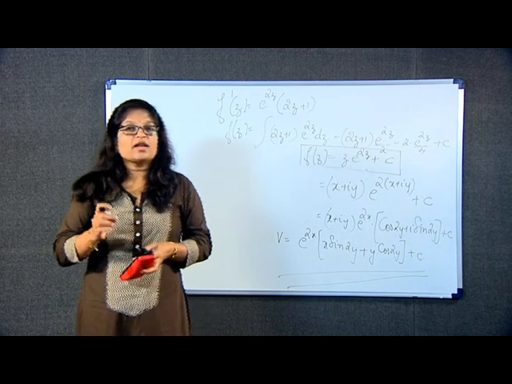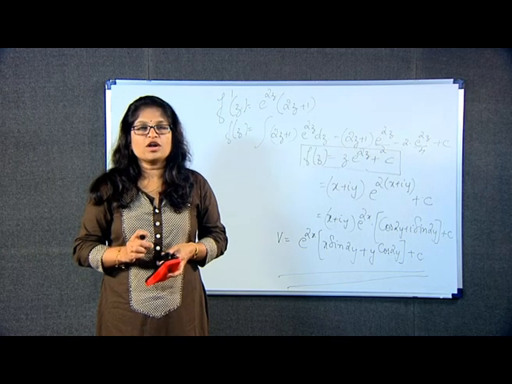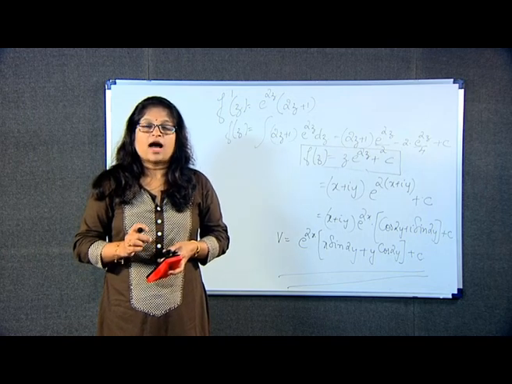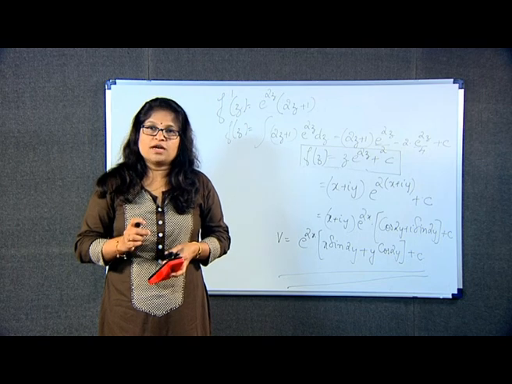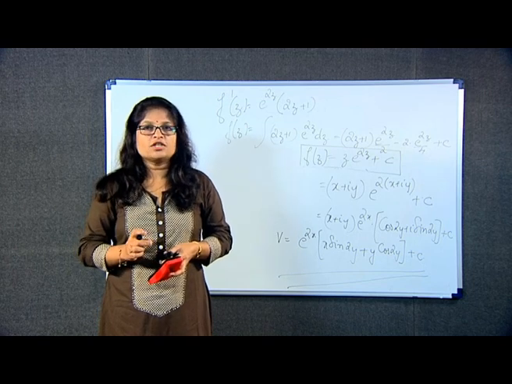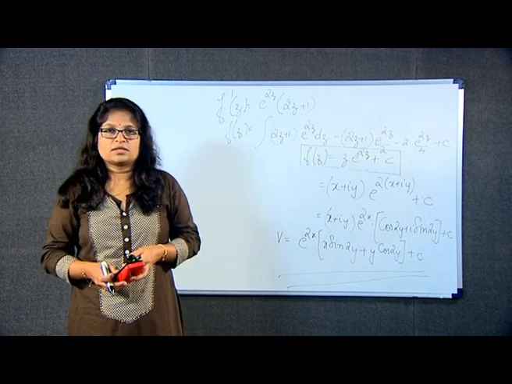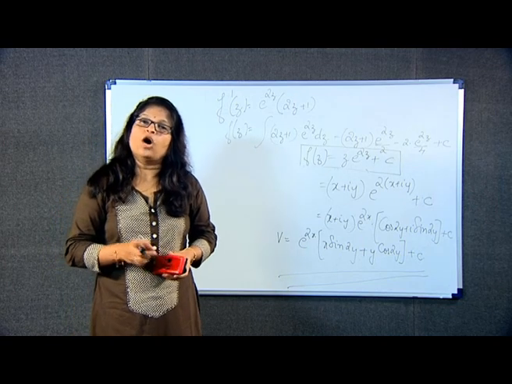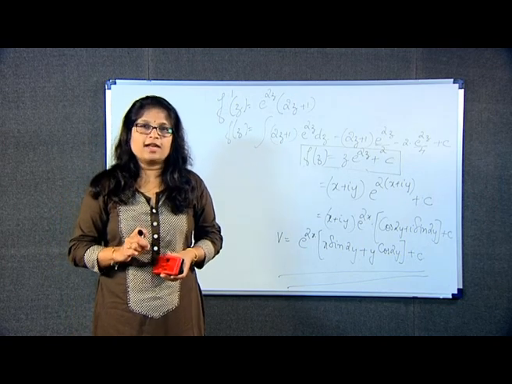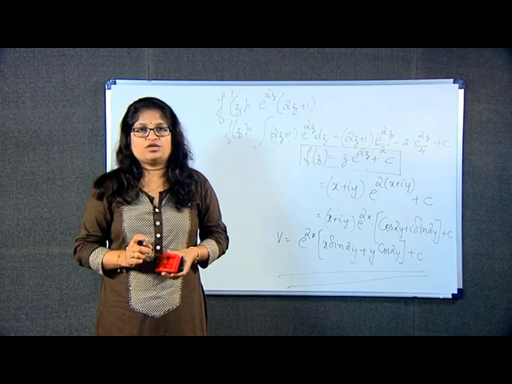So, that means you can also use the Milne-Thompson method to find the harmonic conjugate if either u or v is given to you. You proceed, first find out your analytic function using the method and then separate it into real and imaginary parts. The first method that you have learned is only to use the property of analyticity, that is the CR equations, to find out the harmonic conjugate.